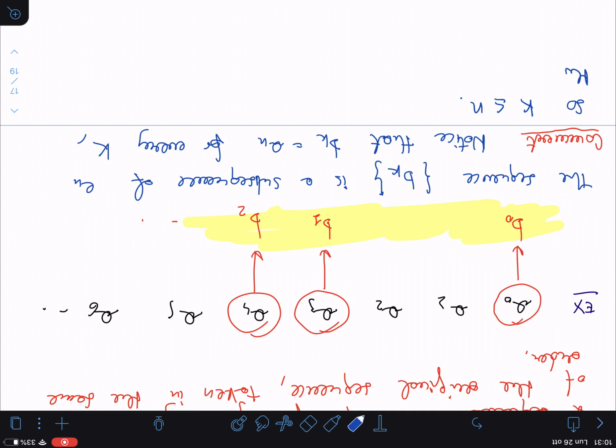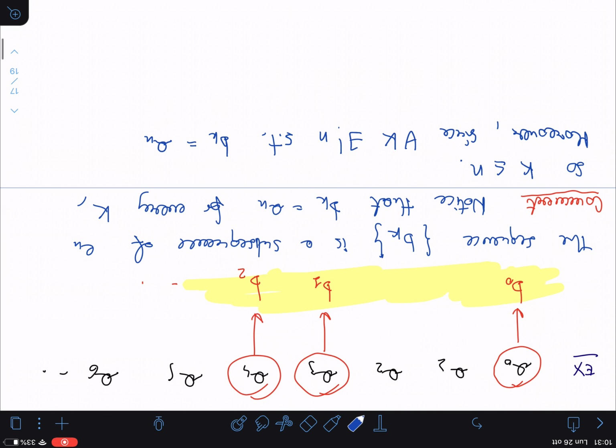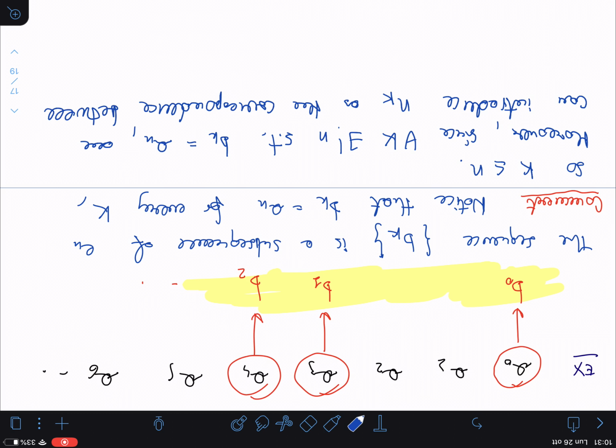Moreover, since for every k there exists n, and it is unique, such that b_k is equal to a_n, one can introduce n_k as the correspondence between the two indices.